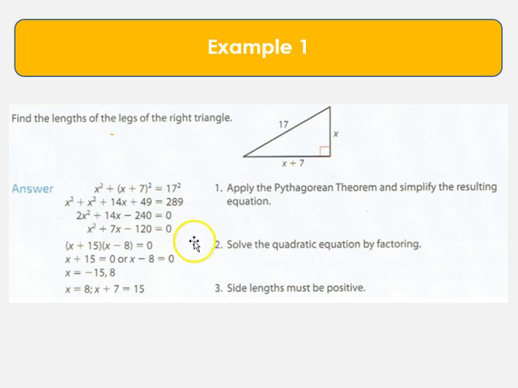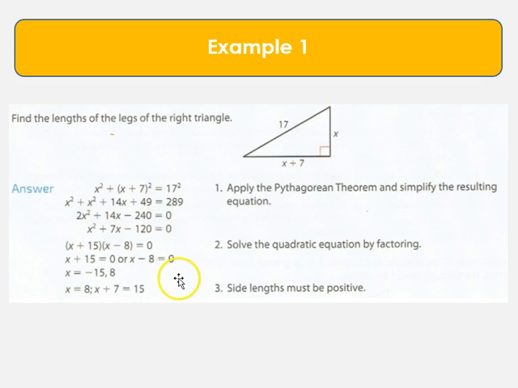And now you'll have to find your factors. The factors will be x plus 15 times x minus 8. We set each one of those to 0, so x plus 15 equals 0. Its answer is negative 15. And x minus 8 equals 0. Its answer is 8.